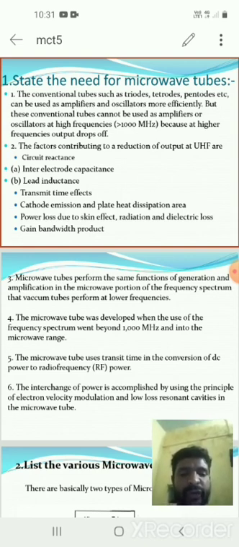The microwave tubes use transit time in the conversion of DC power to radio frequency power.